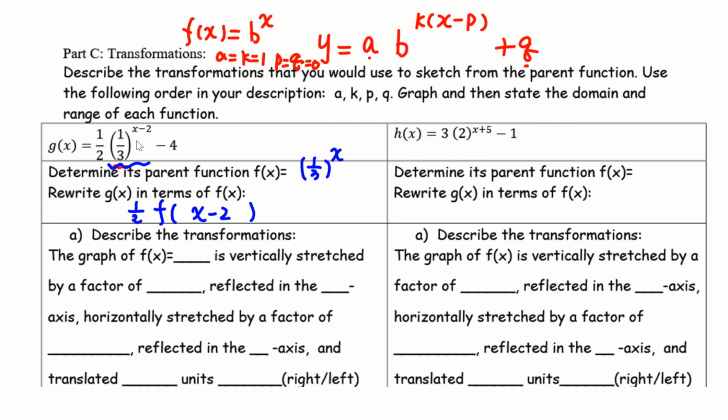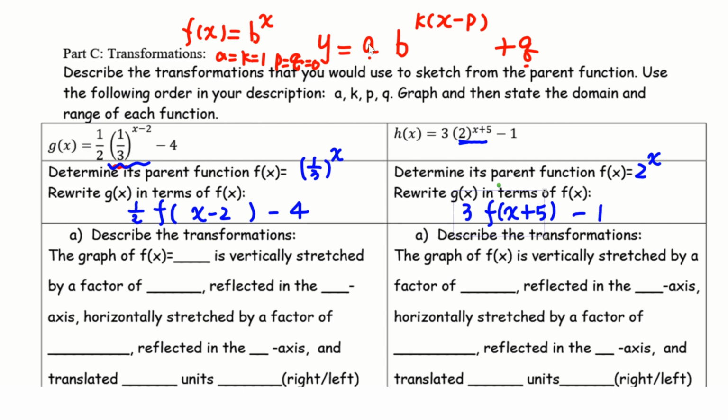It will give you this part. Then minus 4 is outside of this function f of x minus 2. And this one, base to exponent, is your parent function, and g of x in terms of f is: f of x is 2 to the exponent x. Then this whole thing is function f input x plus 5. I put x plus 5 here, give you 2 to exponent x plus 5, then minus 1.